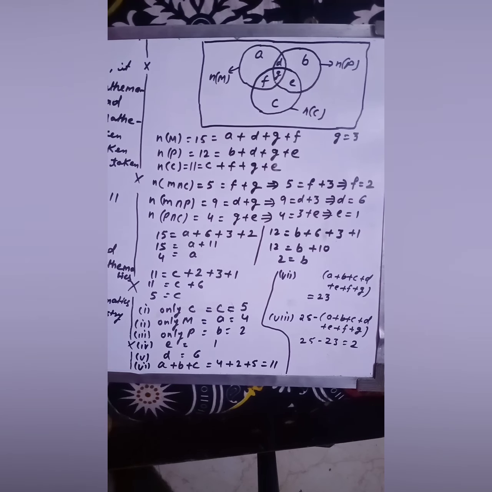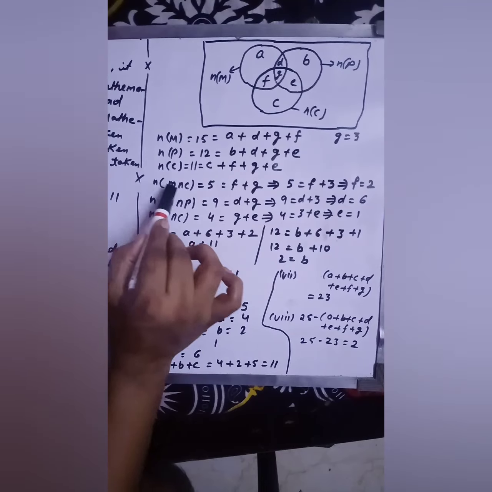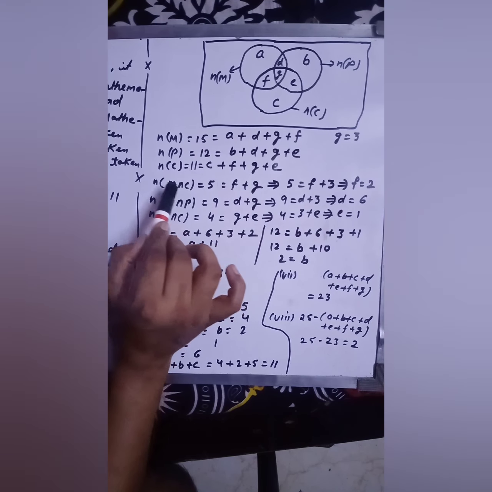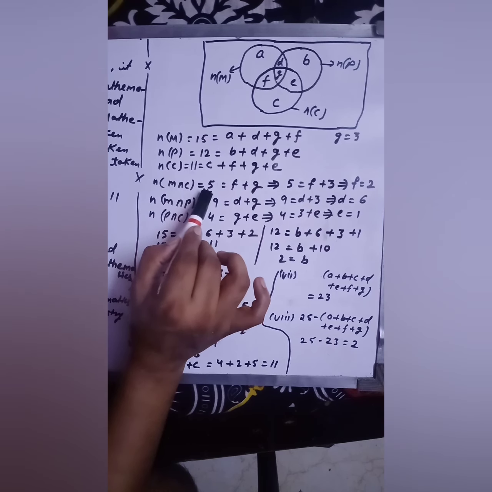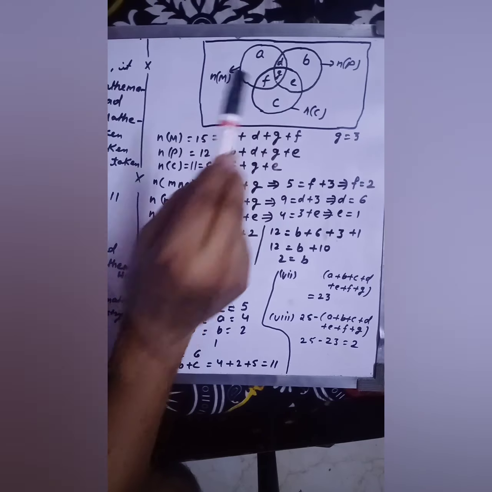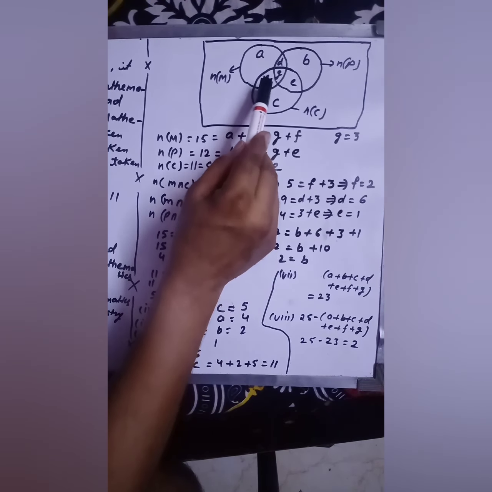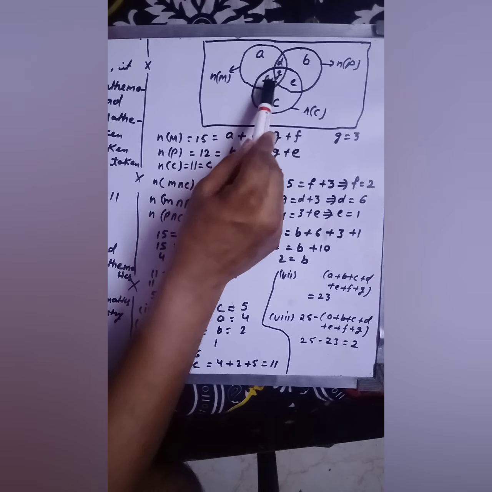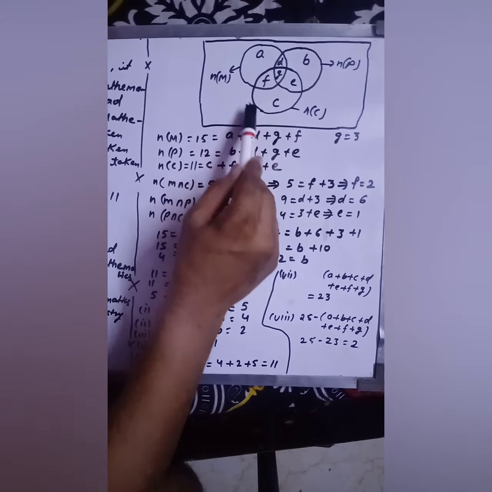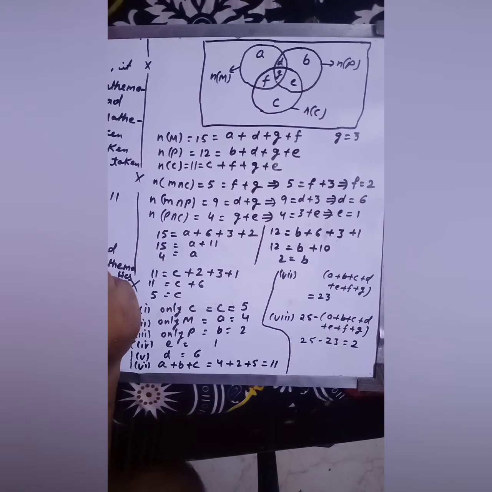After that, M intersection C. This is the number of students who had taken mathematics and chemistry, which is given to us as 5. So M and C, this circle is for M, this circle is for C. So we have to find the common students. So F and G, these two are common in mathematics and chemistry. Got it?